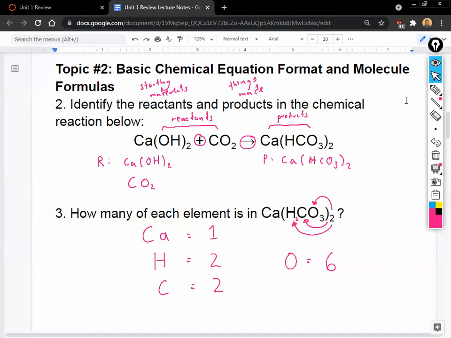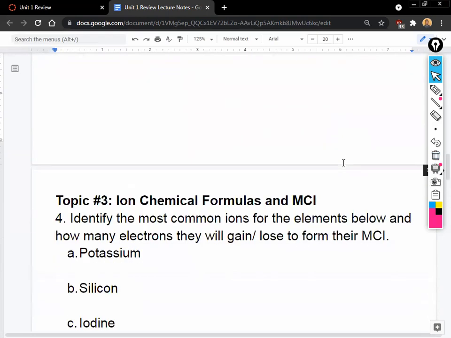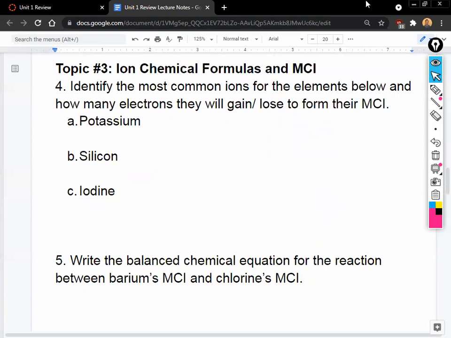All right, guys. So the next topic that we're gonna go over is important for your upcoming exam, but I also want to let you guys know this is gonna be the basis for the entire second unit for this class. It's gonna be talking about most common ions and how they connect with each other. I really want to encourage you to focus on this topic a lot.